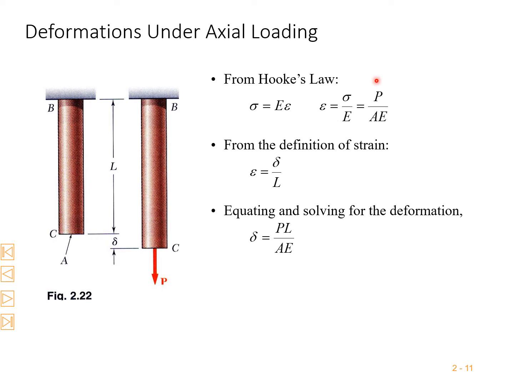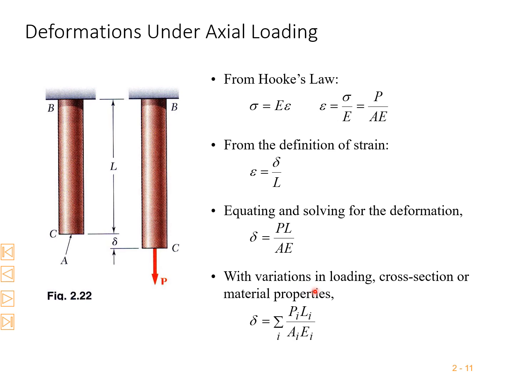This is how we can get the strain, P by AE. And here also we can get the deformation divided by length. Even if you don't get the deformation, we can see the strain value from here itself. Once we get the strain value, strain into original length gives the deformation. So once you calculate the strain and multiply with the original length, we can get the deformation value.